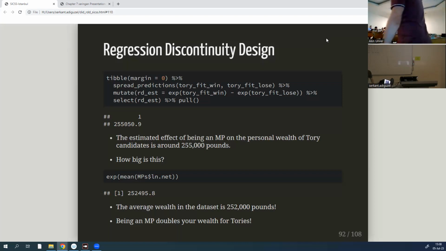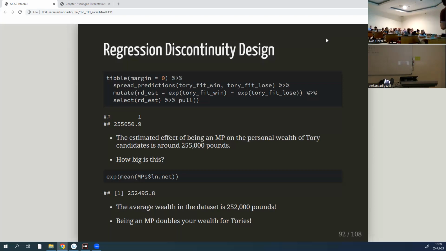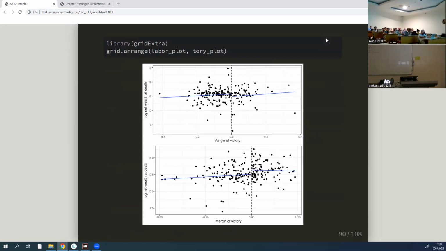Any comments about the slope after the threshold? Because for the Tories, it's kind of flat. Yeah. That's not what they do, by the way. I want to start with something very simple, and this is what Imai does in the textbook as well. But I'll come to that. Whether this is a good fit or not is a problem. Again, 2 problems, right? We are actually covering this at the margin, but I'm using the whole sample.